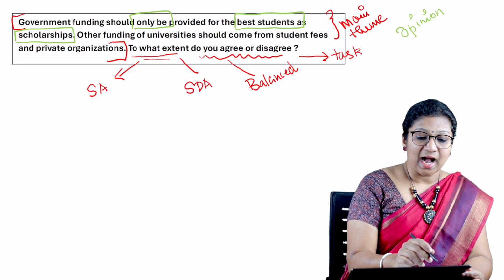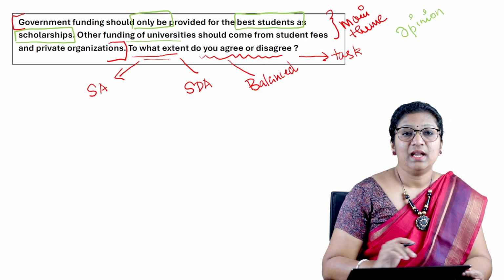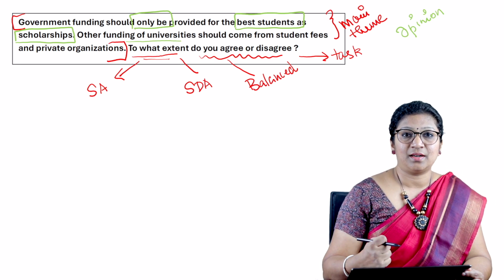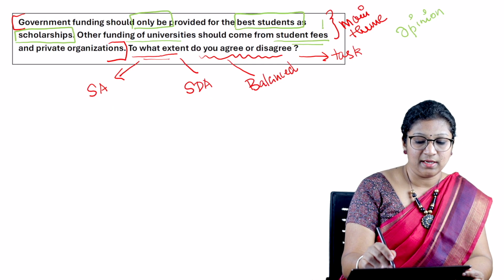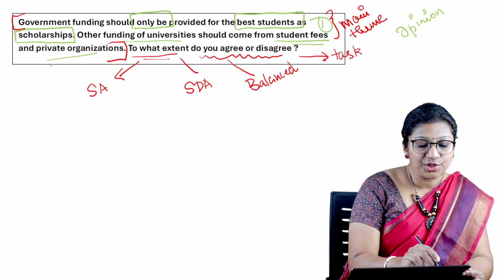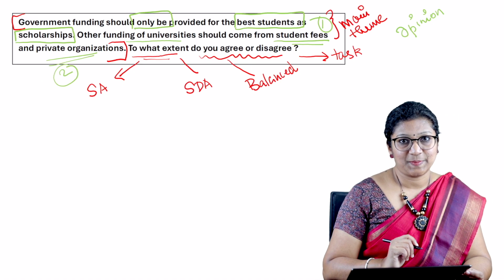It goes on to say other funding of universities, which means if the university needs any other funding, it should come from the student fees, number 1. Number 2, or it should be contributed by private organizations.